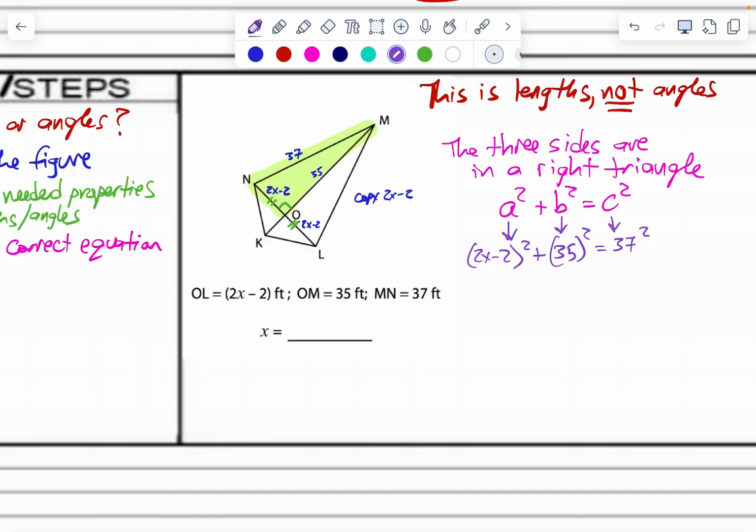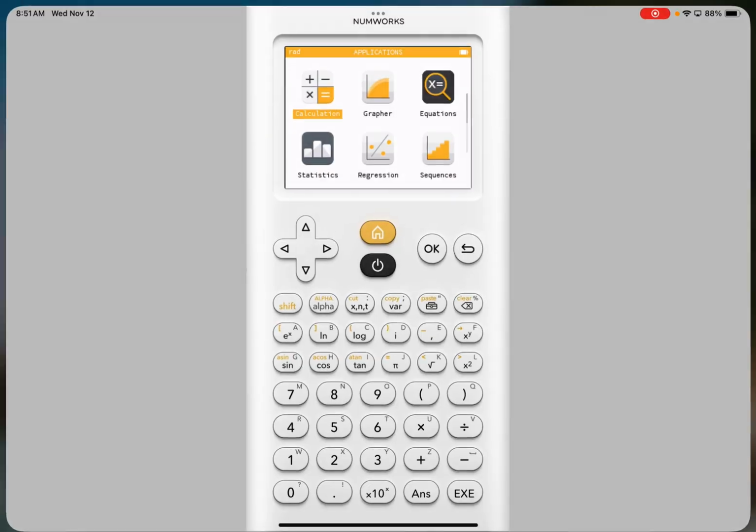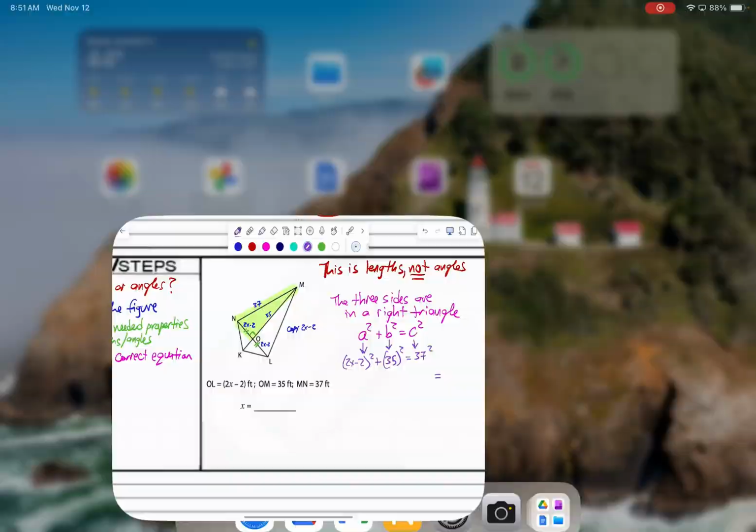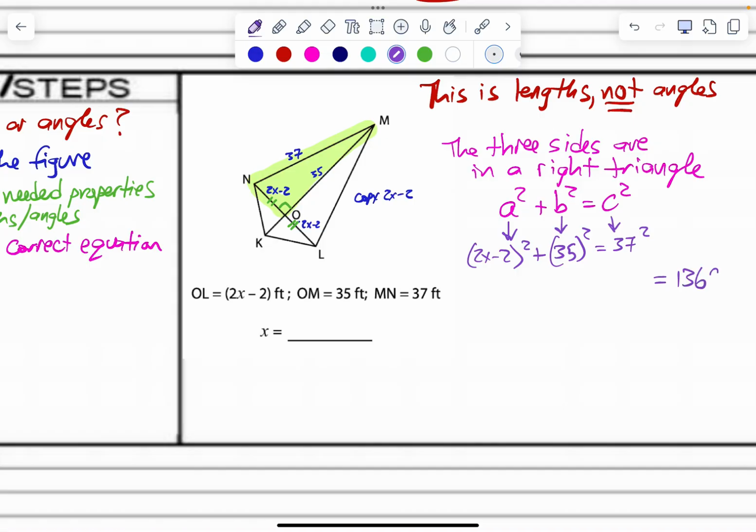Well, 37 squared, 35 squared, those are just numbers. Let's do them. So 37 squared, 35 squared. So 1369, 1225. Okay, but what is 2x minus 2 squared? Yeah, so I thought someone would probably say that, and we have to be careful because it's not actually that.